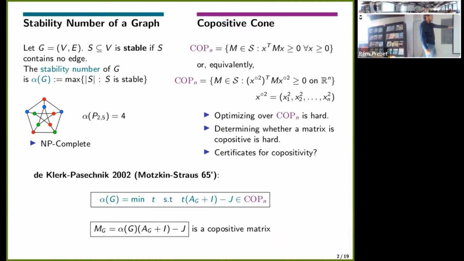So if we put t equal to alpha of G, this is copositive by the formulation. What this says is that the matrix M_G equal to alpha of G times A_G plus I minus J is always copositive, and this is going to be an important matrix associated to the graph.